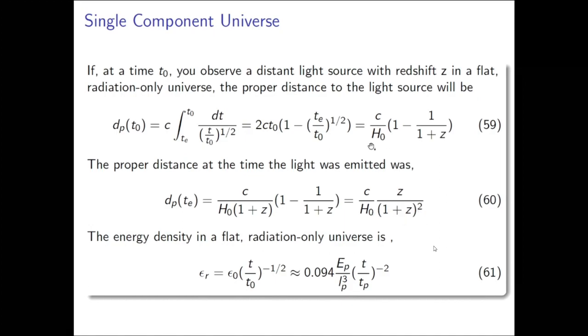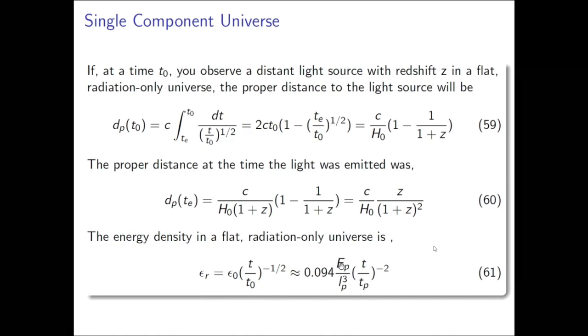So the energy density in a flat radiation only universe, as you can see, is E_R equals E naught, that is the energy density at the present moment, times t by t naught to the power minus 1 by 2. Again, this is from the energy density equation.